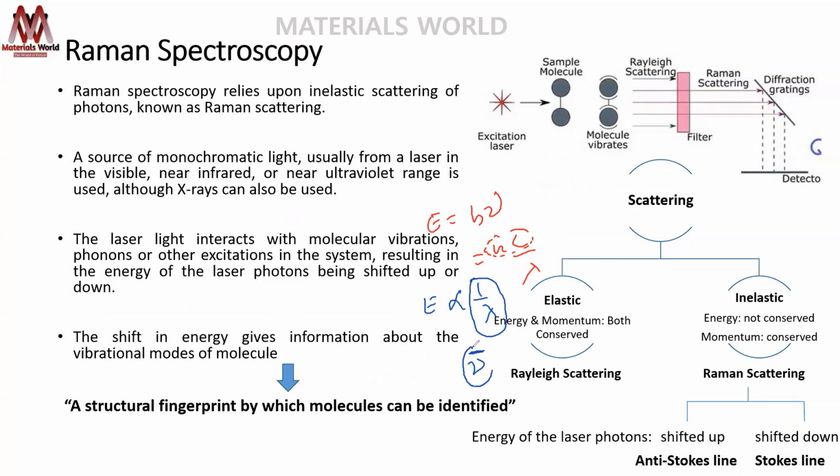Higher the wave number, higher the energy. Of course, you have to multiply by hc to get energy. So wave number is a representation of energy. It's not exactly energy, please understand.